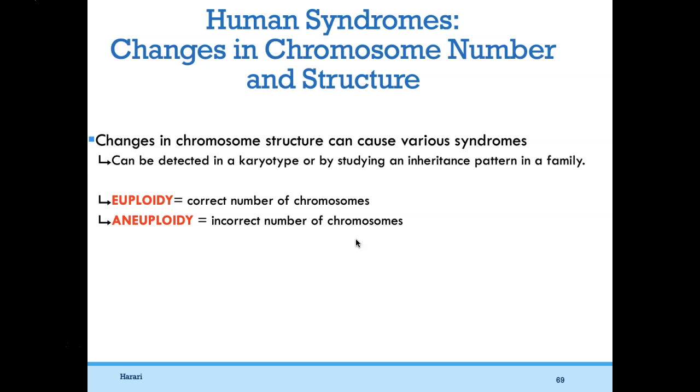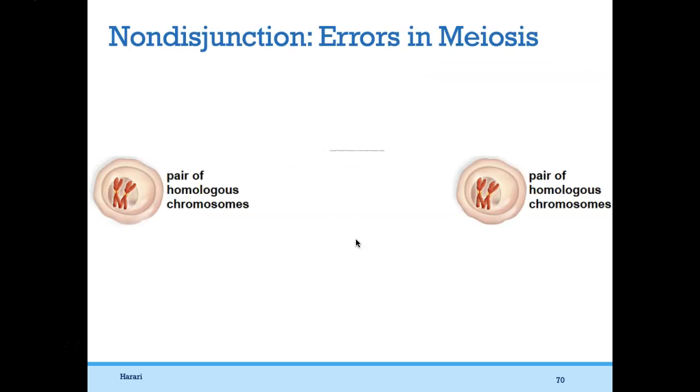And we see aneuploidy in plants and animals. And the reason why we get aneuploidy is because of non-disjunction. This is a very important term, non-disjunction. So because of non-disjunction, we get aneuploidy, right, which is the incorrect number of chromosomes in our haploid cells.